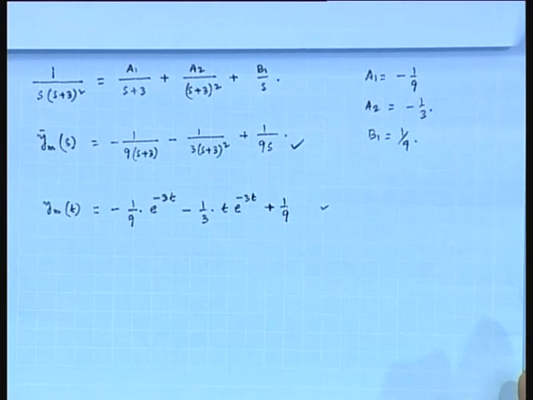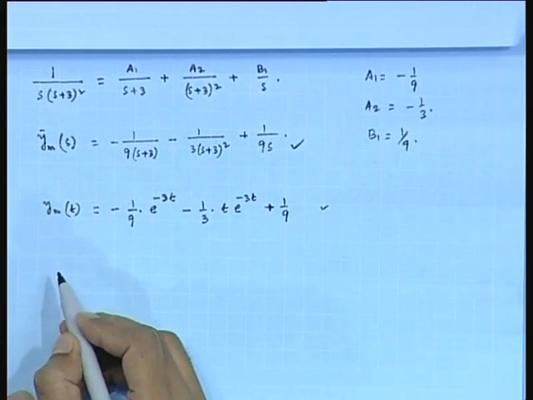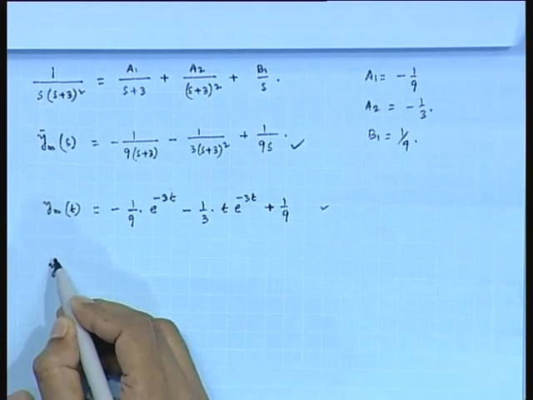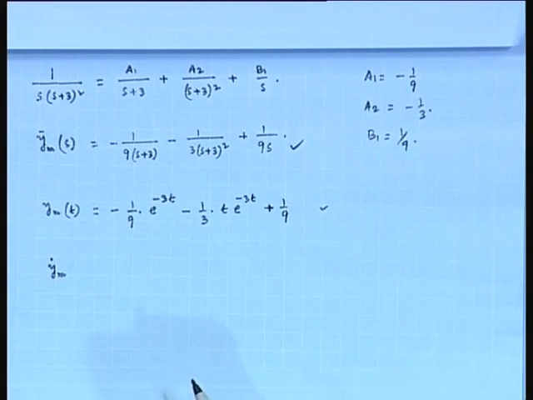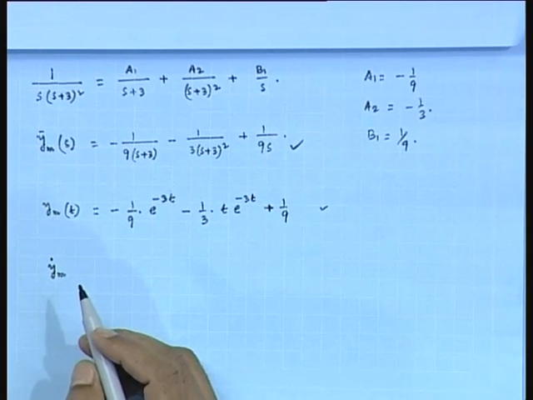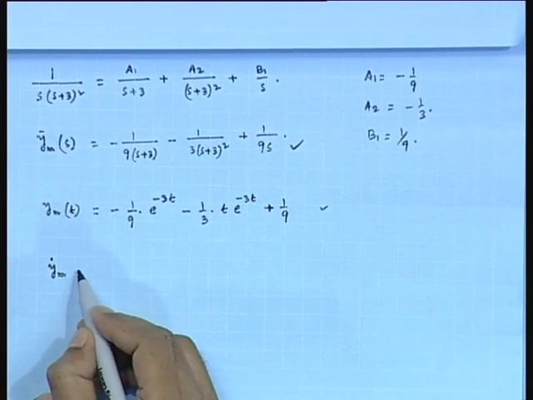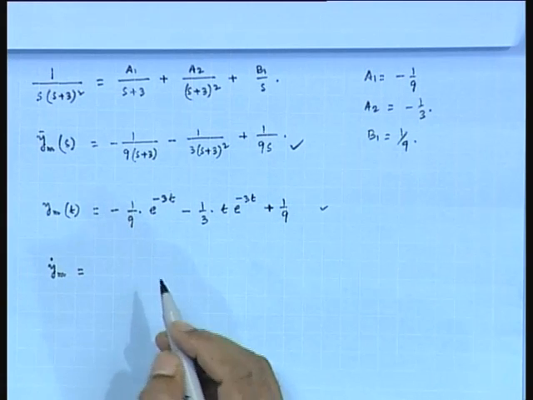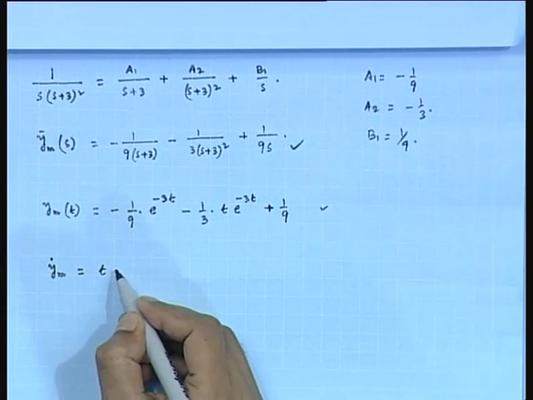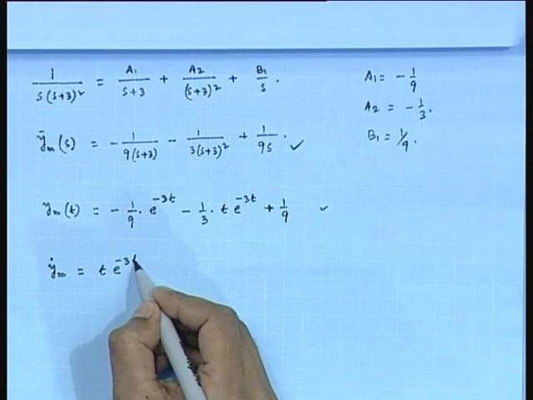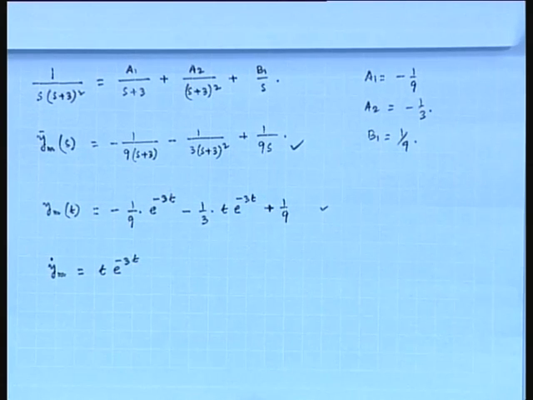In the next step, we need to find the first and second derivative of ym. The first derivative of ym, represented by ym dot, we get as t exponential of minus 3t.